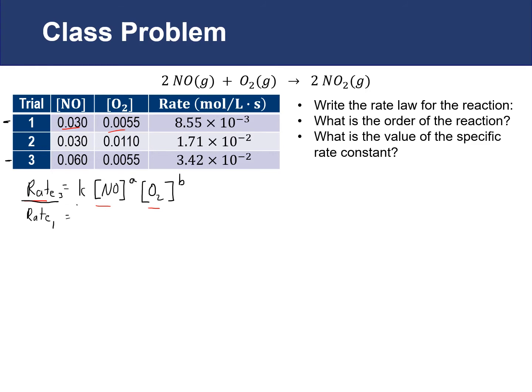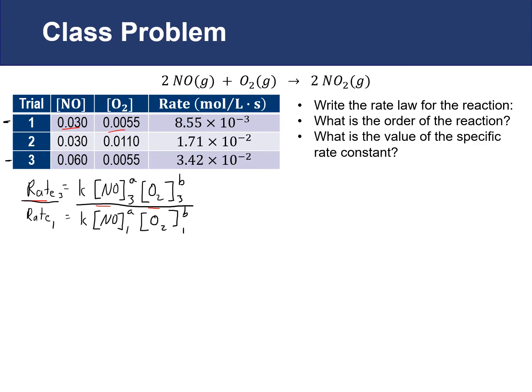If I take rate of 3 over rate of 1, that is the same as taking K times the concentration of NO for trial 1 raised to the A power, O2 for trial 1 raised to the B power, and then the concentrations for the top would correspond with trial 3.